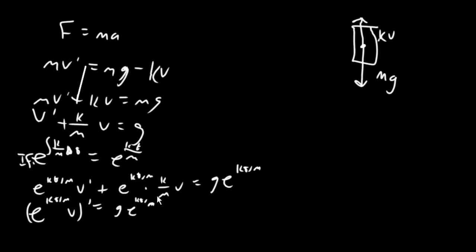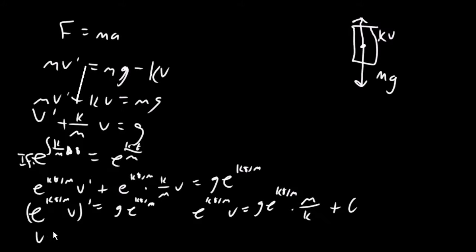And so we're going to integrate both sides with respect to time, and we'll get e to the kt over m v is equal to g e to the kt over m times our chain rule piece of m over k. And we of course have to add the constant plus c. Now we're going to rearrange the terms, and we're going to solve for v.